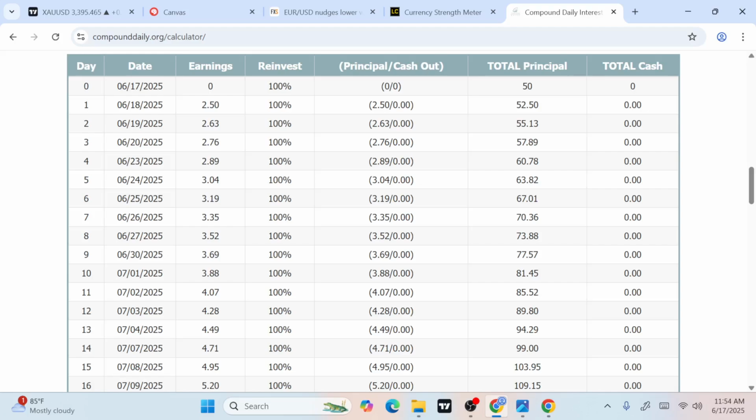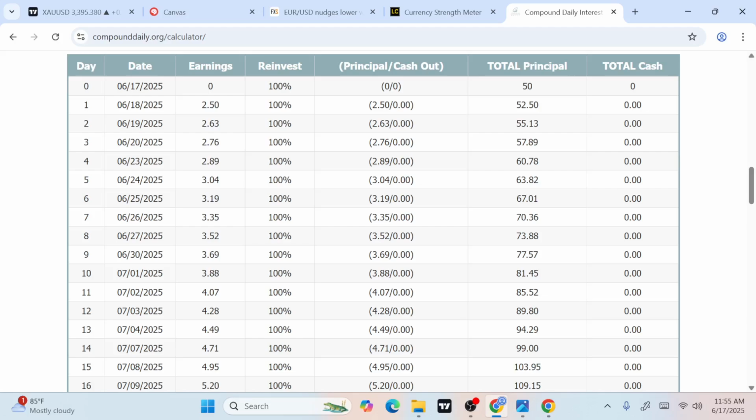That means if you have $50 today and your target is 5%, as soon as you get to $2.5, you are done for the day. You go home.